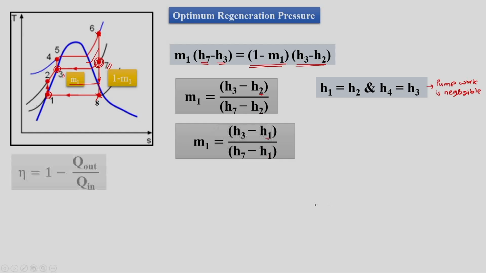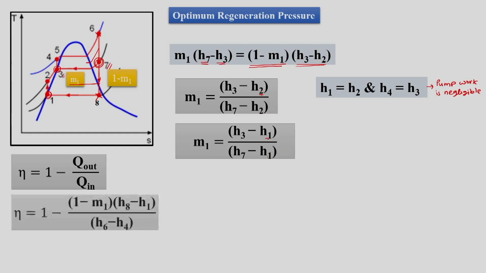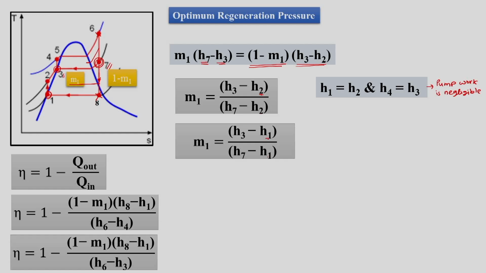This is what M1 is. Now efficiency is equal to 1 minus Q out upon Q in, where Q out is 1 minus M1 into H8 minus H1, and Q in is H6 minus H4. Since we know that H4 is equal to H3, the numerator remains the same, 1 minus M1 into H8 minus H1, but the denominator will now be H6 minus H3.